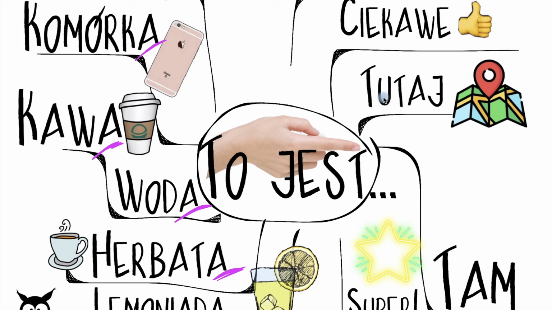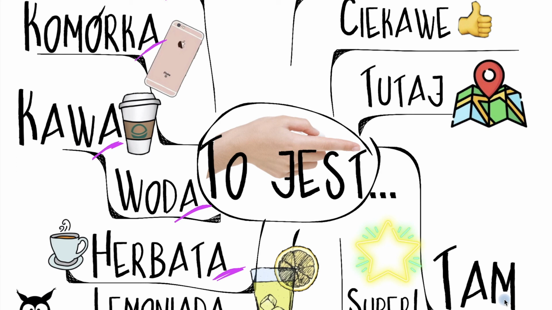So either tu or tutaj is here in Polish. So to jest tutaj, it's here, this is here, or to jest tu. It's also absolutely fine. So either tu or tutaj. Okay, again, you is u.